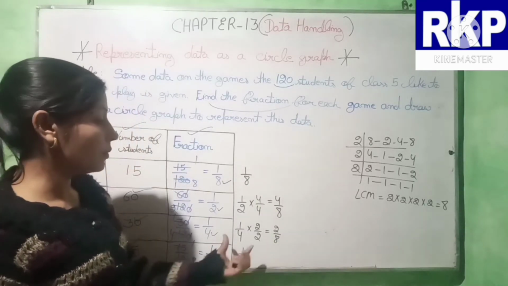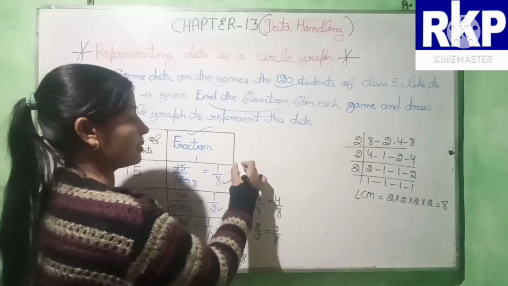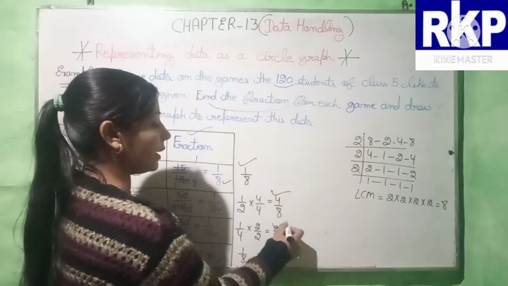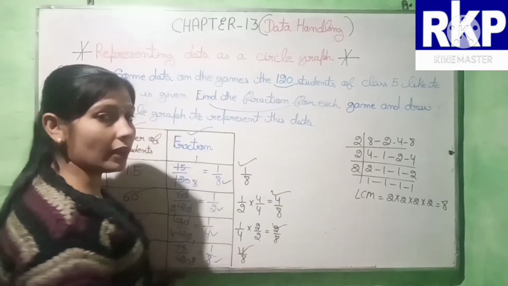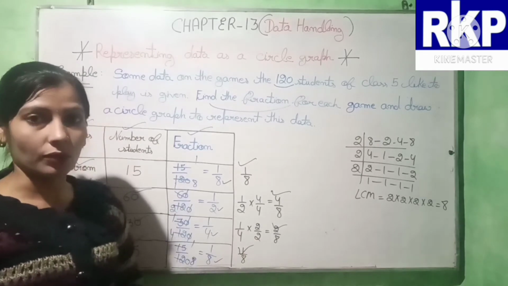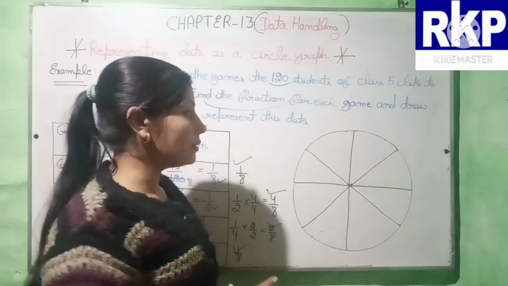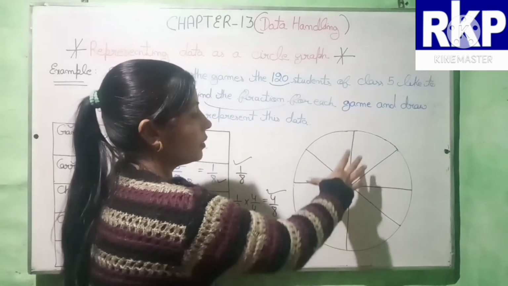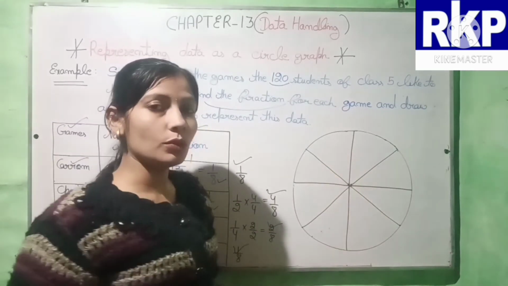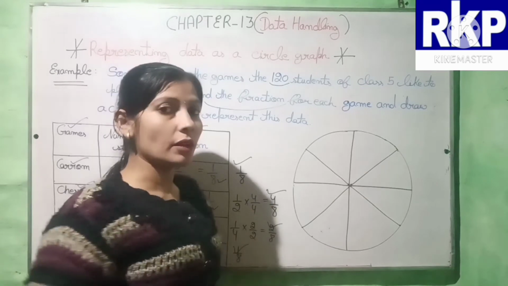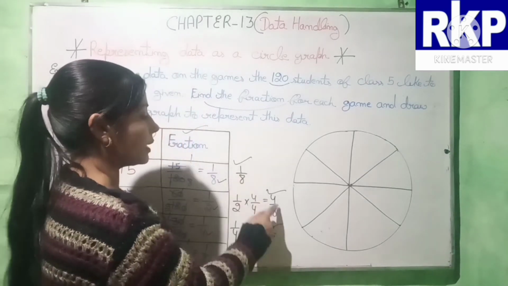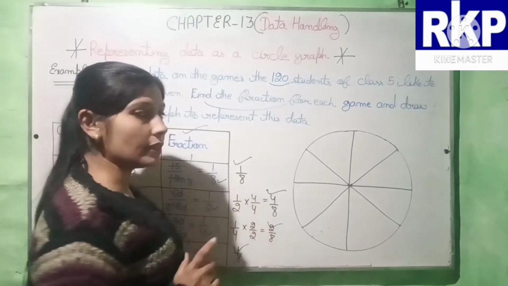Now we have to represent these fractions, 1 by 8, 4 by 8, 2 by 8 and 1 by 8, in a circle graph. We have to draw a circle and divide it into 8 equal parts, because all these fractions have 8 as a denominator.